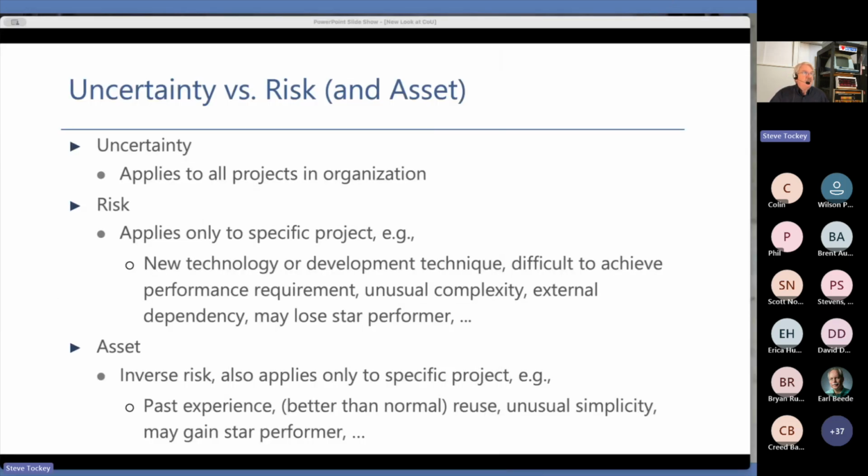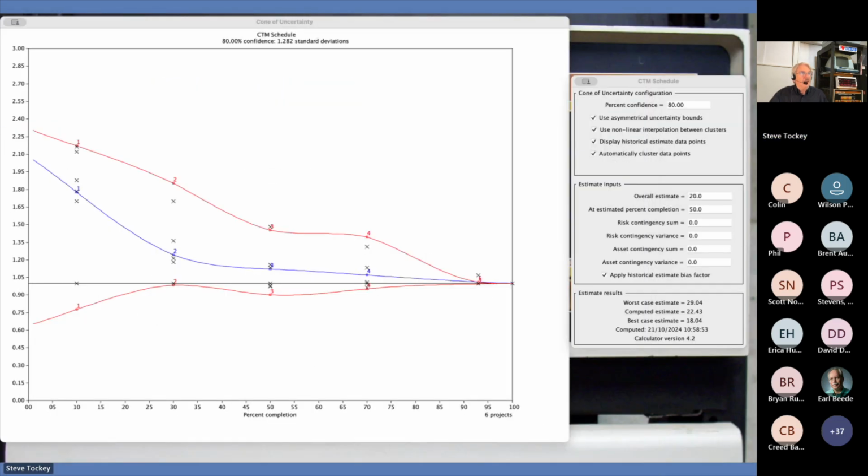So the idea here is that if I want to incorporate risk and assets, I say my risk contingency sum was 5.02 and my risk contingency variance was 2.72, just copied over from the spreadsheet. And my asset contingency sum was 1.9 and my asset contingency variance was 1.2.